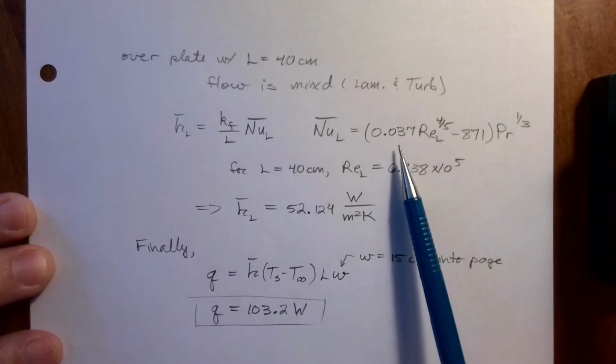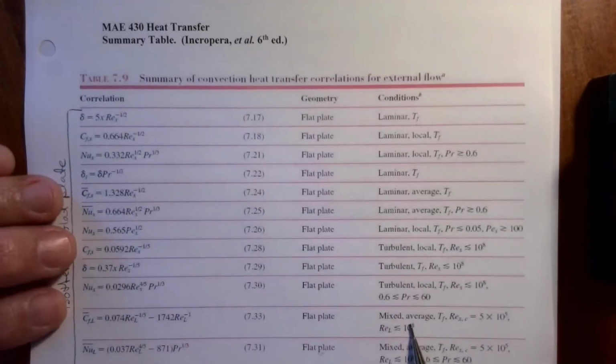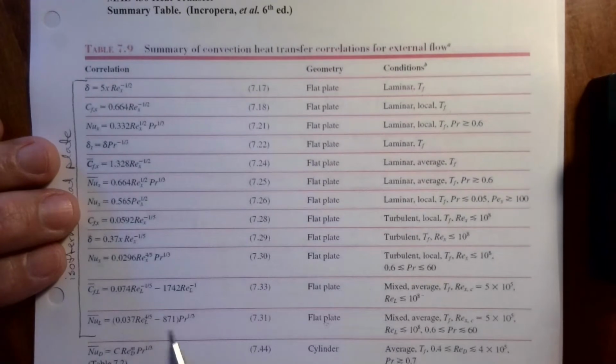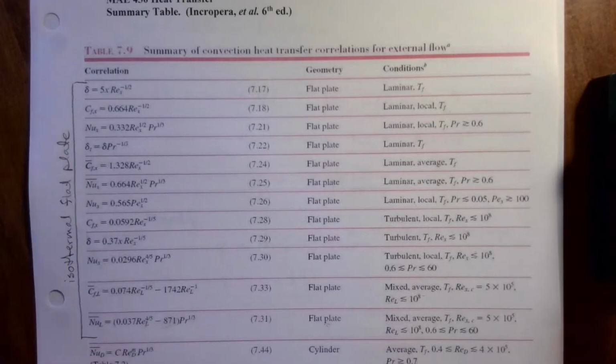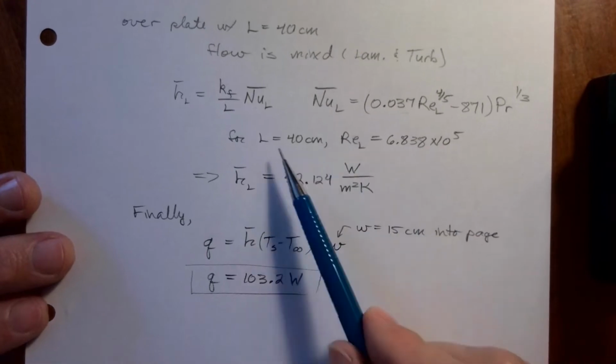So that correlation for mixed flow in this case, reading that off of the chart, table 7.9, mixed flow is here. So that's the correlation that I'm using, to the 4/5. This little minus 871 accounts for the laminar region. We've already talked about this correlation previously. So we're just going to use that correlation.